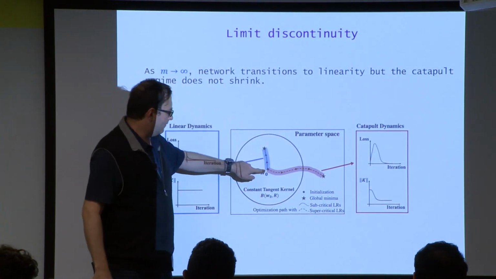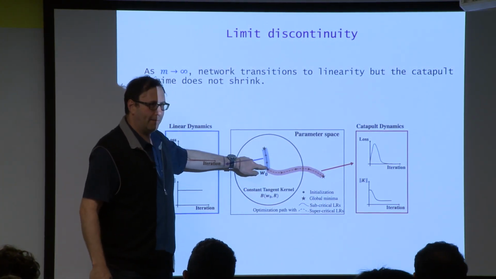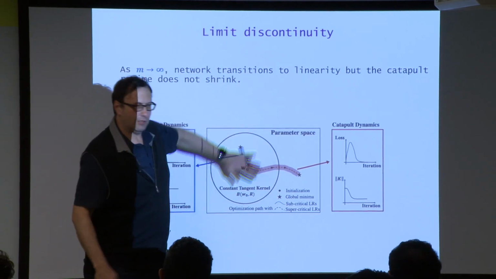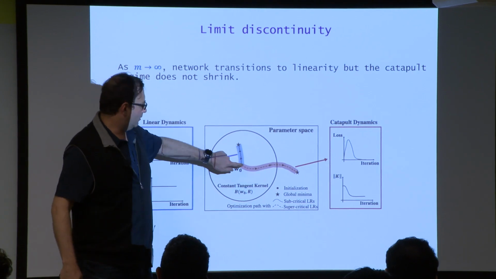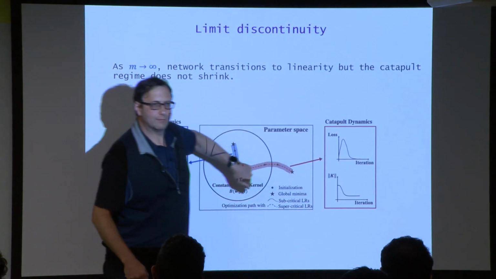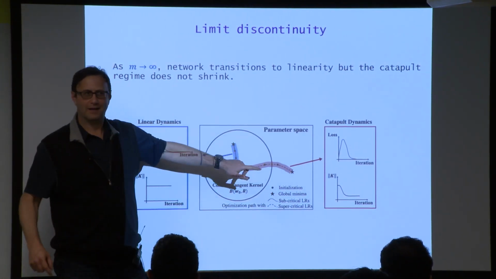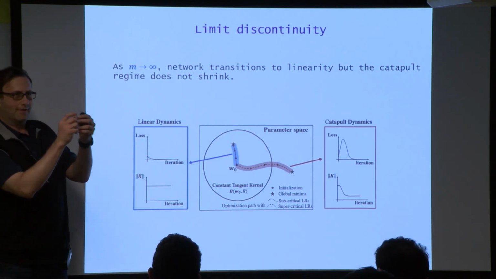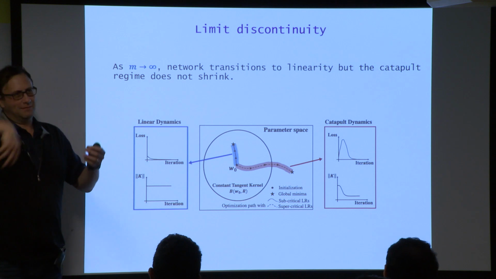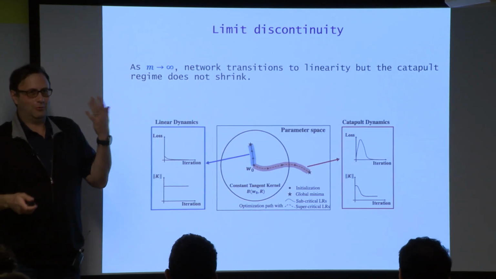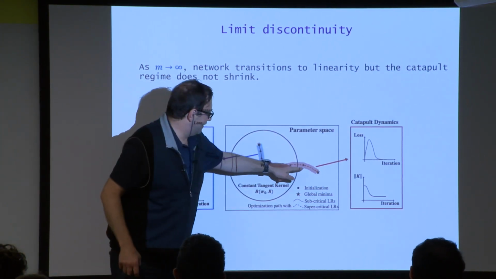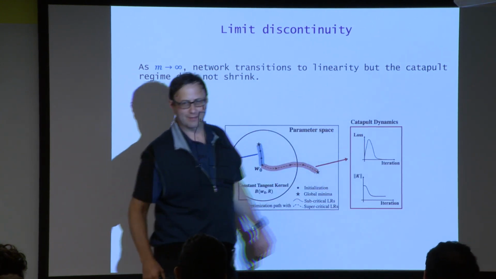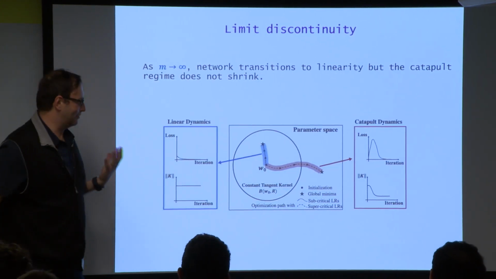Because it's more linear, the thing is closer to constant, and so the trajectory with catapult becomes larger and larger. So as you tend to linearity, this regime becomes somehow longer and longer. It becomes more and more nonlinear, or more and more weird in some sense. And so this loss also increases when you transition to linearity.